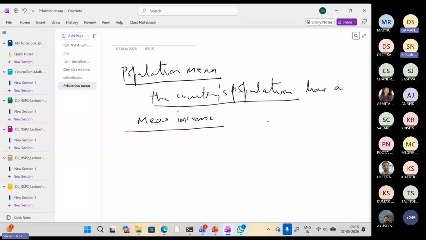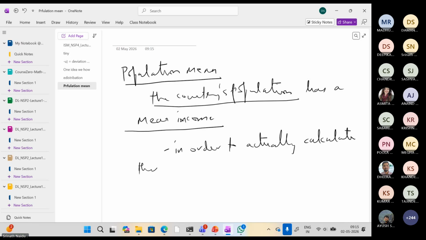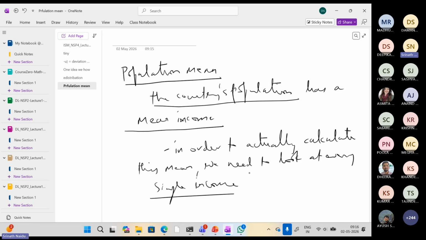Now, the thing is, in order to actually calculate this mean, we need to look at every single score, every single income in the country. Not possible. So the population mean would be a nice thing to have, but it's not possible to get.